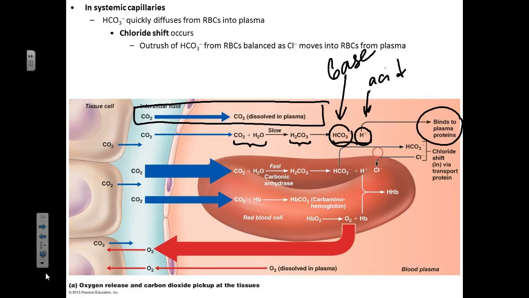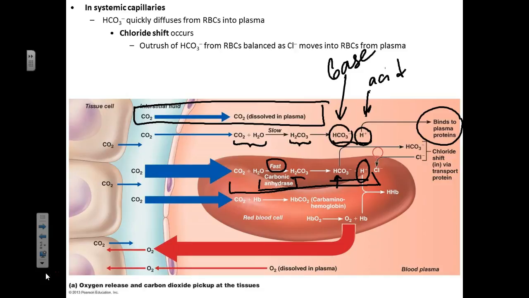Pretty much the same process happens in the red blood cells. So CO2 combines with water, produces carbonic acid, which then dissociates into the bicarbonate ion here and proton. Now this process is fast because it is catalyzed by the enzyme called carbonic anhydrase.